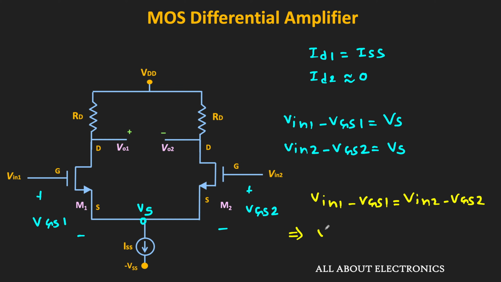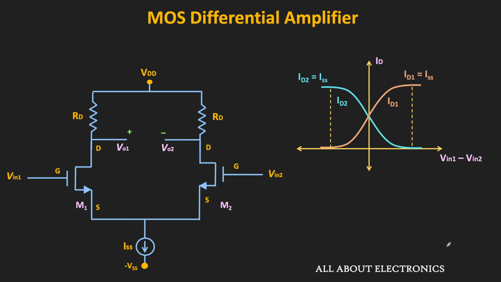Or in other words, Vin1 minus Vin2 is equal to VGS1 minus VGS2. So to find the differential input voltage at which this ID1 becomes ISS and this ID2 becomes 0, we need to find the difference between this VGS1 and VGS2.